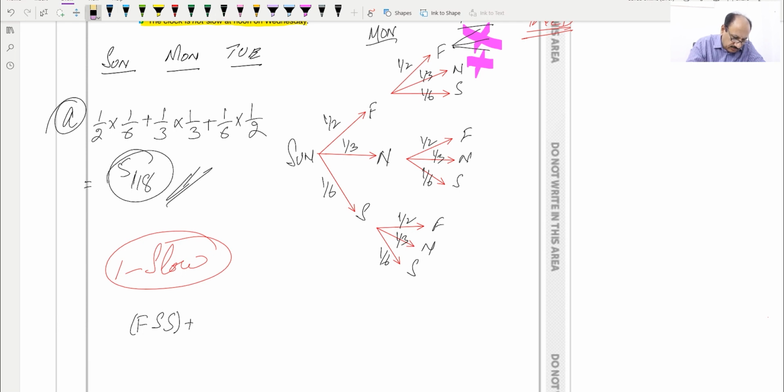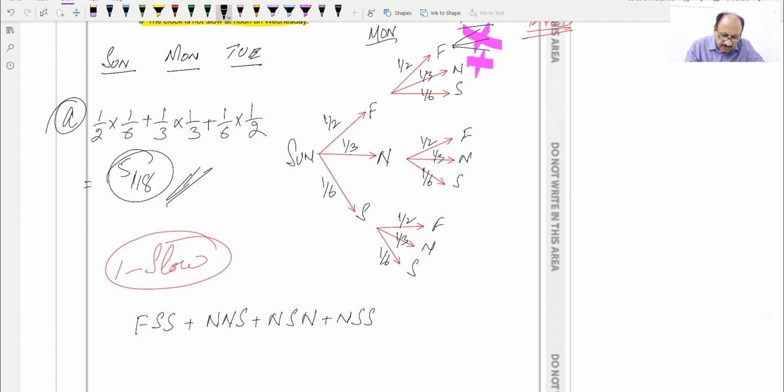So if I remove these brackets, I will just write FSS, and next will be no change, no change, and slow. Next we can take no change, slow, and no change. This will be slow. Further options we can take, and the further option will be no change, slow, and slow.